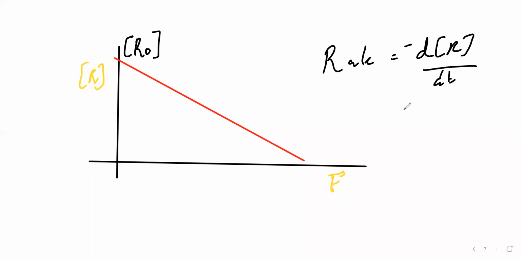Whenever there is dy by dx, slope will be there. Whenever differentiation is there, I will get the slope. Clear to everyone? With respect to time, rate of a reaction.